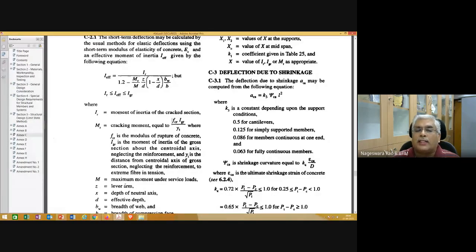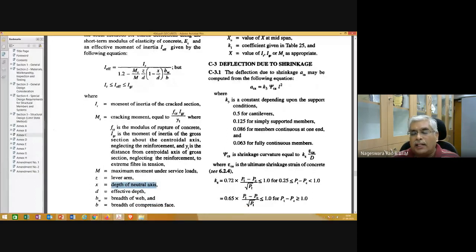We will see what this lever arm is in today's class. D is the effective depth. Effective depth is overall depth minus the cover thickness, and 1 minus X over D, where X is the depth of neutral axis. And BW is actually this formula.